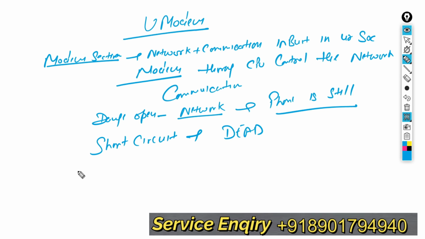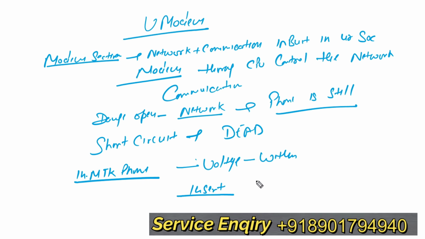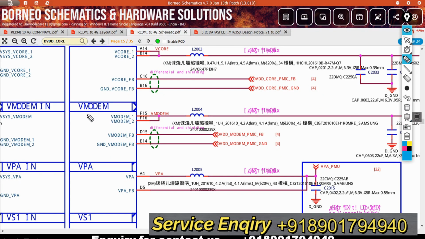Now, another thing: in MTK phones, you will get this voltage without SIM. But in Qualcomm, you must insert the SIM, which means this voltage is made after the phone turns on and you insert the SIM. Clear? So this voltage does not play a role in the dead section.